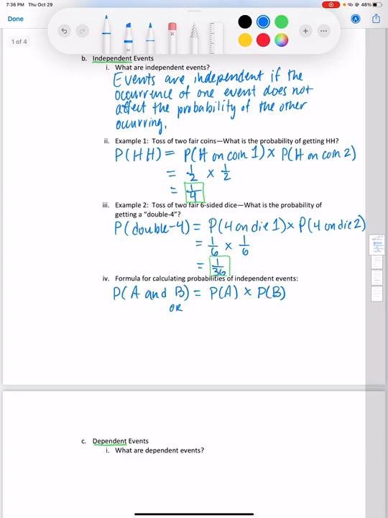Then the probability of A and B and C occurring, and as many as you want, is equal to the probability of A times the probability of B times the probability of C, times however many you want. So there's our formula.